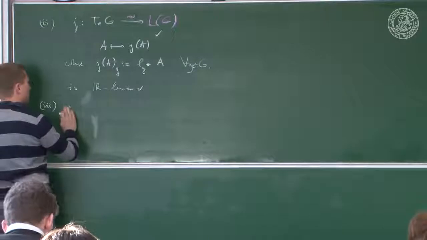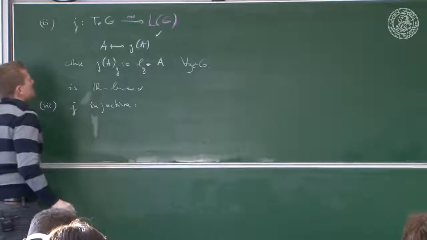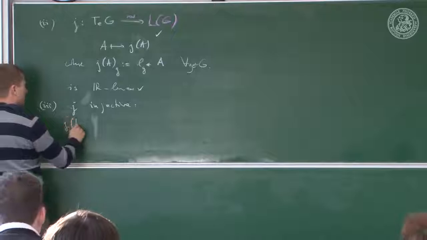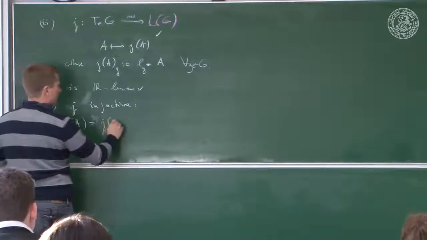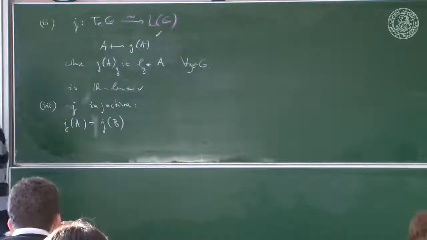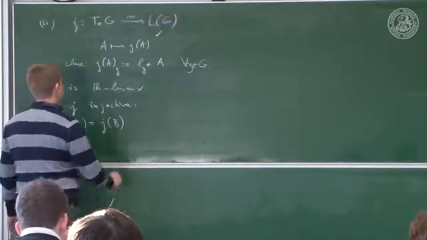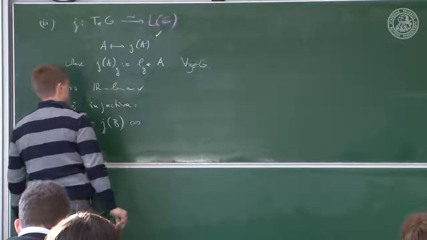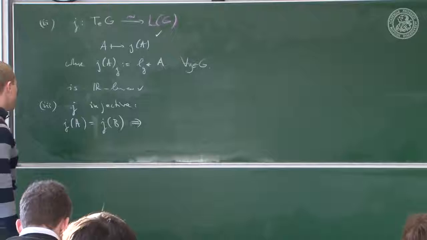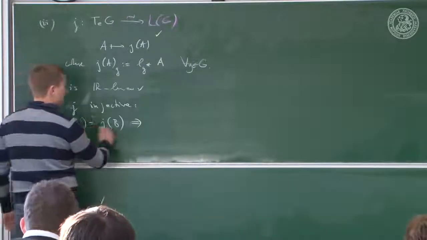Now let's check whether J is injective. So what do we do for injectivity? Well, we consider the J of an A, and we assume it's the J of a B. And if we can show that from this it follows that A equals B, then the map was injective. These are vector fields, right?